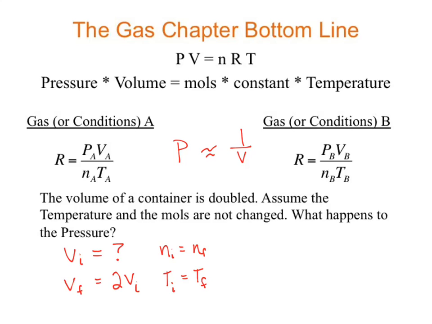What happens to the pressure? So what we're now asking for, with all of that information, is we have a pressure initial equals something that we don't know, and our pressure final equals something that we don't know. What we want to know is what happened to that pressure final. Okay? So what can we go through and do?